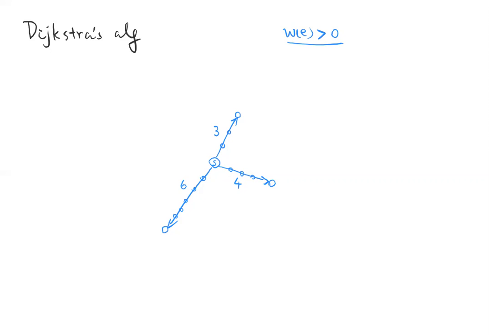So from the weighted graph, we can get an unweighted graph, then of course we can use BFS. So we solve the problem. Very easy.